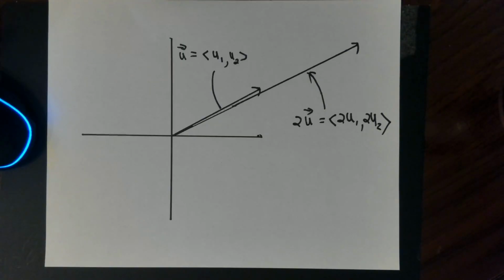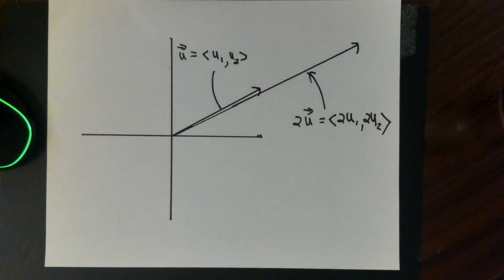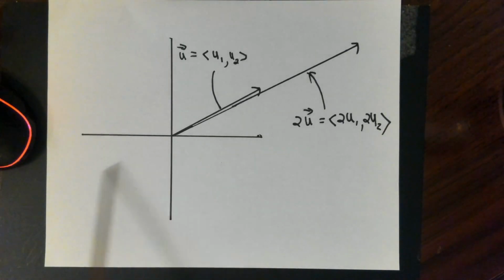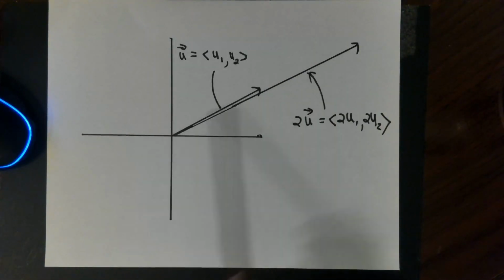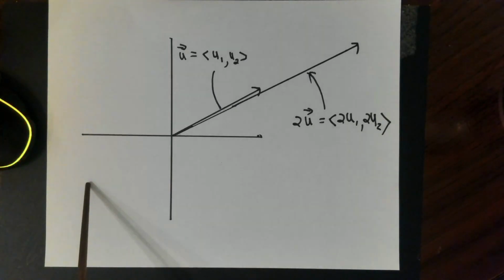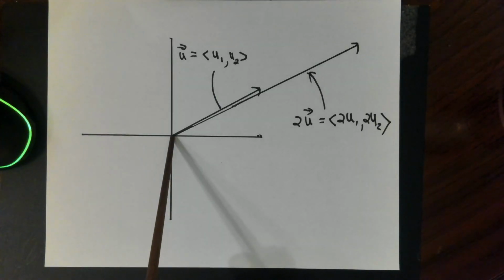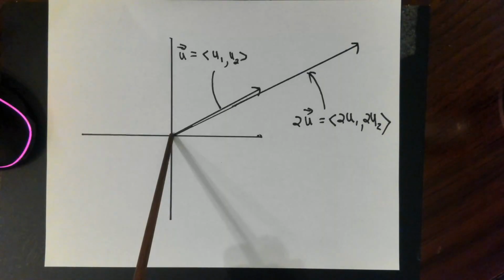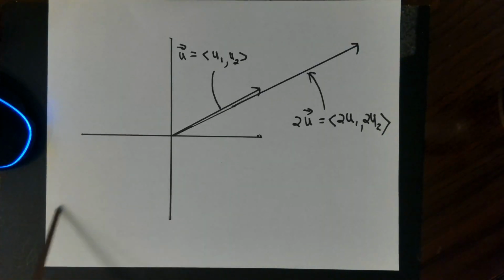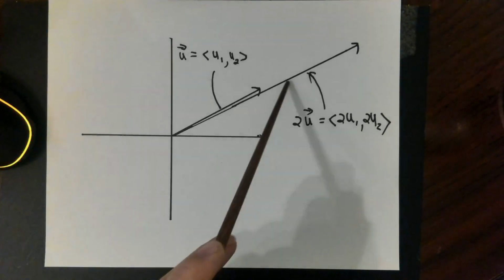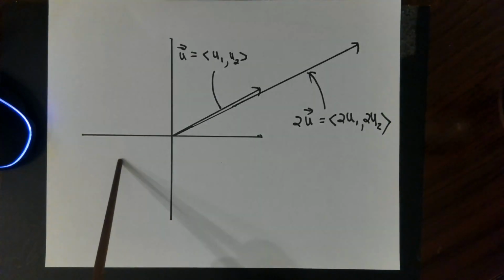If I take a negative number and multiply it by u, I get a vector that points along the same straight line that u points along, but in the opposite direction. So negative 3u would be a vector in standard position that starts at the origin, travels out a distance 3 times the length of the u vector, but in a direction that is 180 degrees opposite.